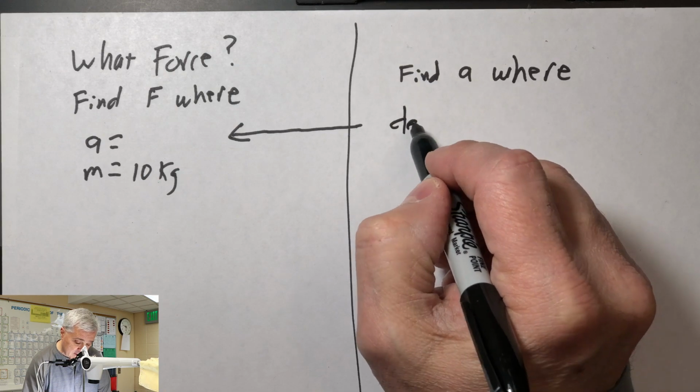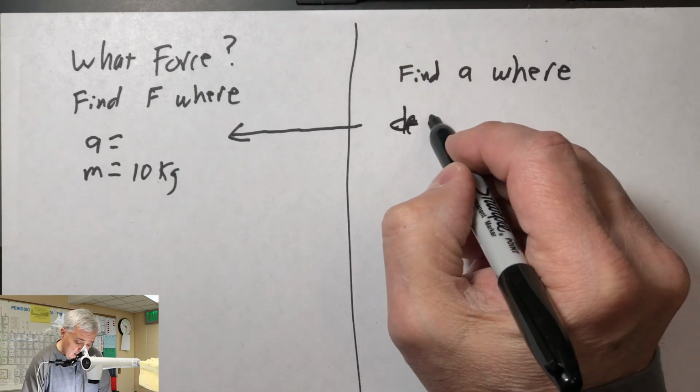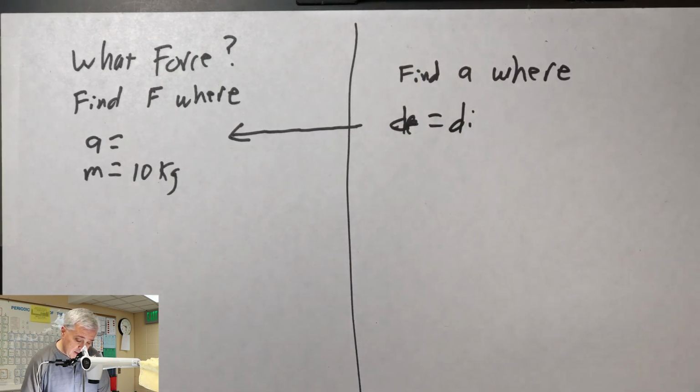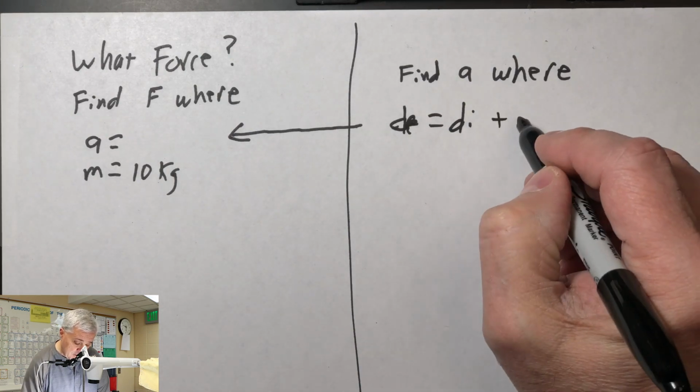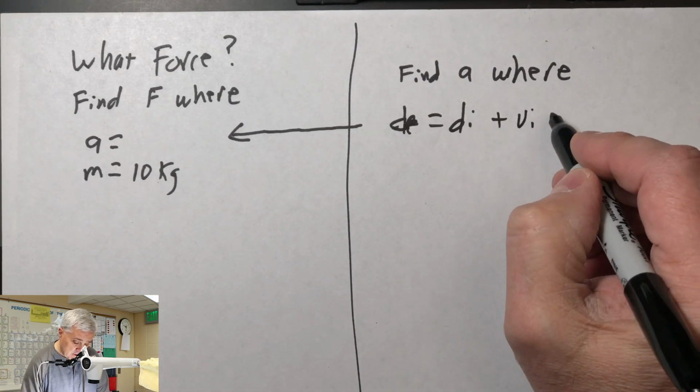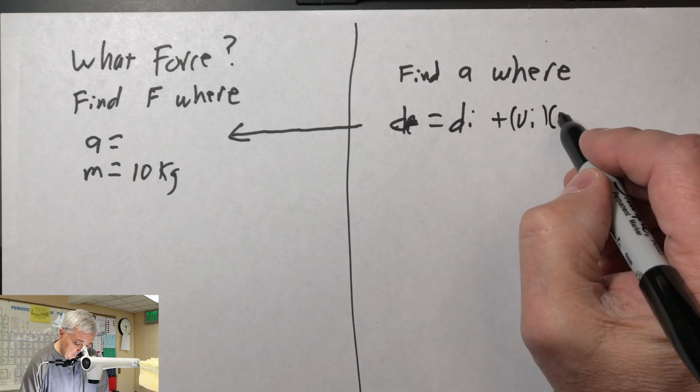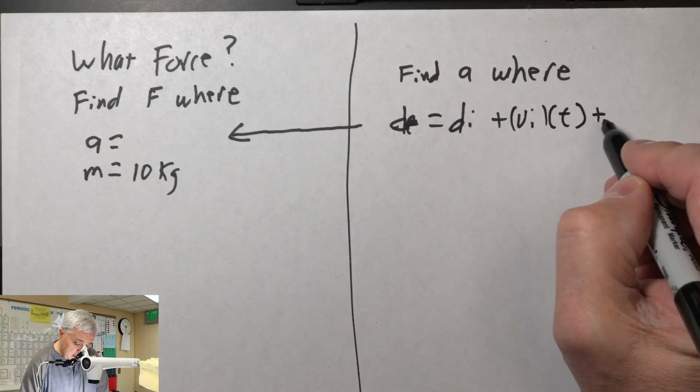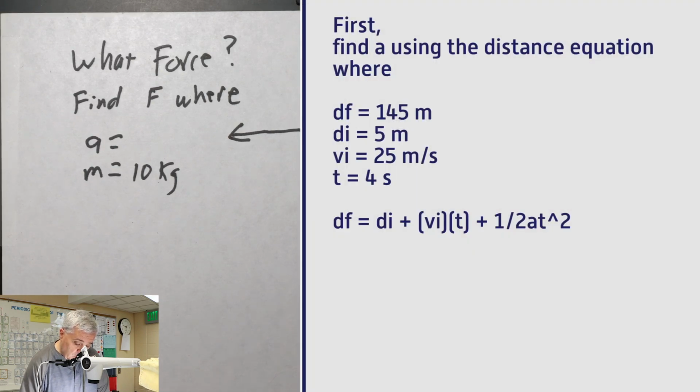The final distance, d sub f, is equal to how far it was away to start with, d sub i, plus how fast it's moving to start with, multiplied by t, plus 1/2 A, that's what we're looking for, t squared.